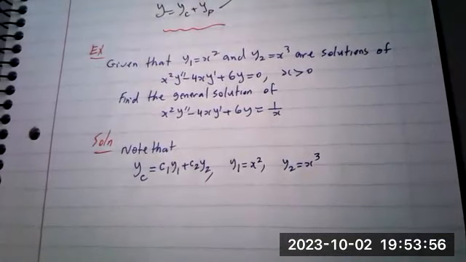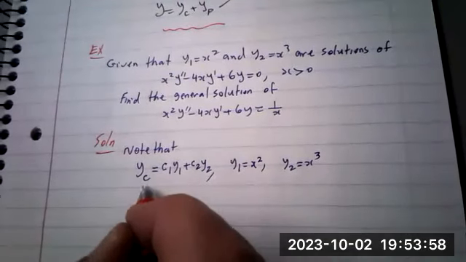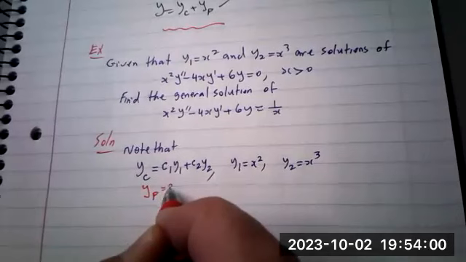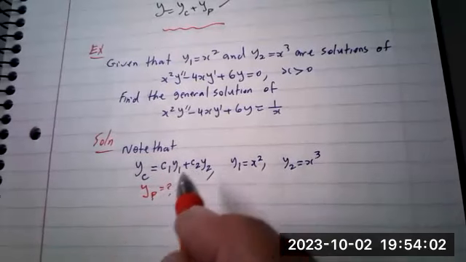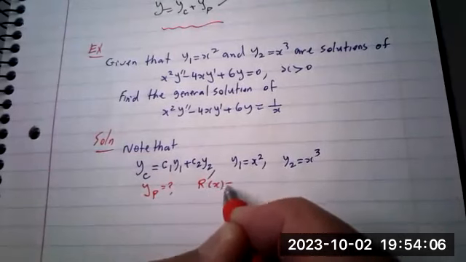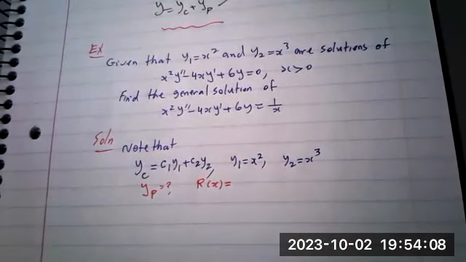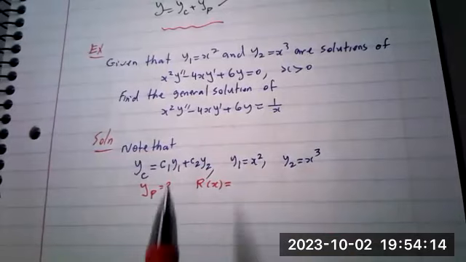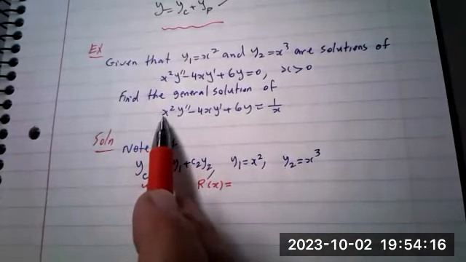So what you would like to do is find the yp. What is going to be r of x for this yp? Any suggestion? That's it. You see, when you want to pick the r of x, the coefficient is x squared here.